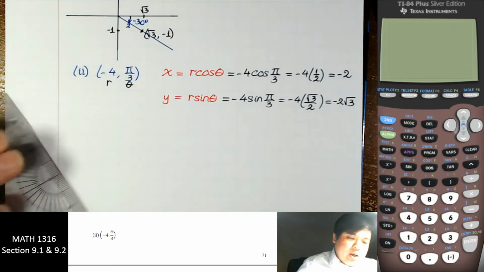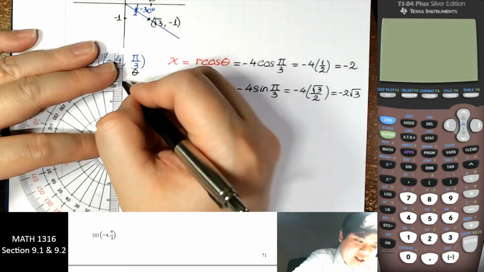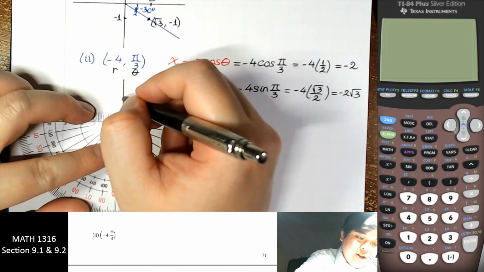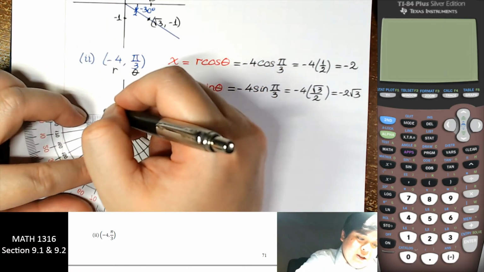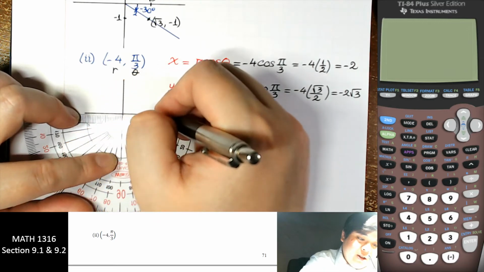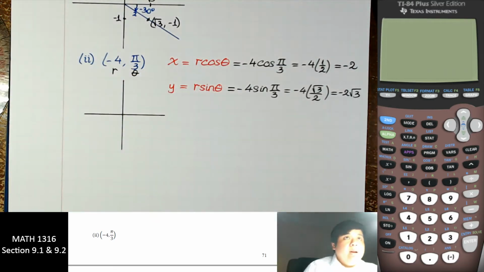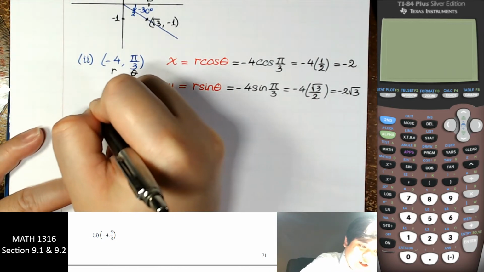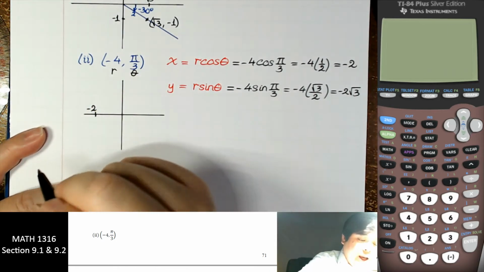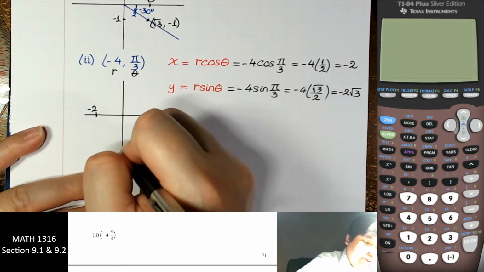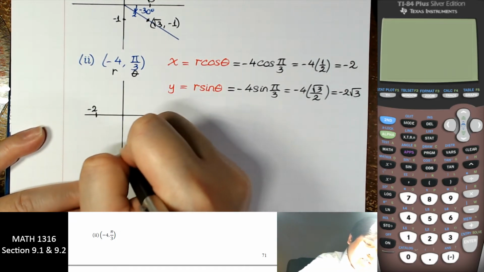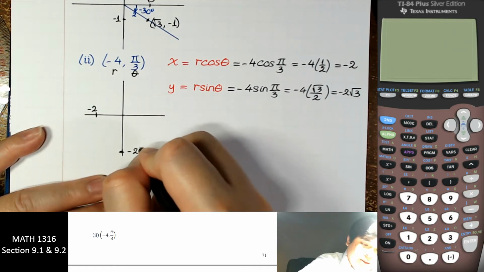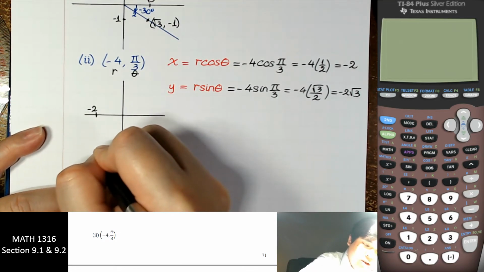So if we try to sketch, negative 2, see about that much, and negative 2 square root of 3, so about this much. So we'll talk about this point here.